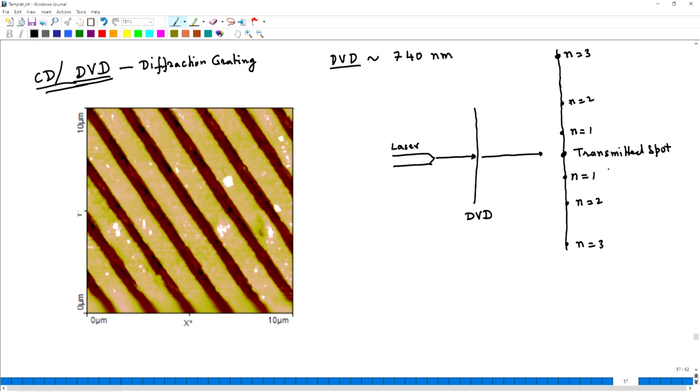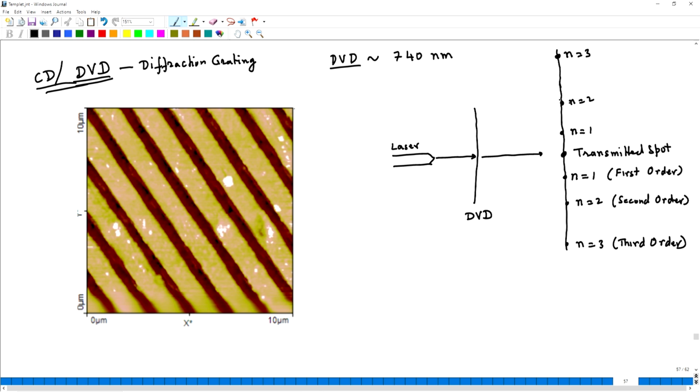This is called first order, n equal to 1, second order, third order, and so on.